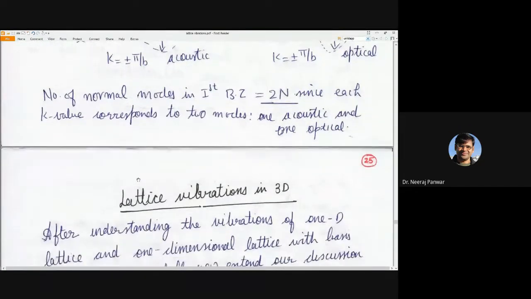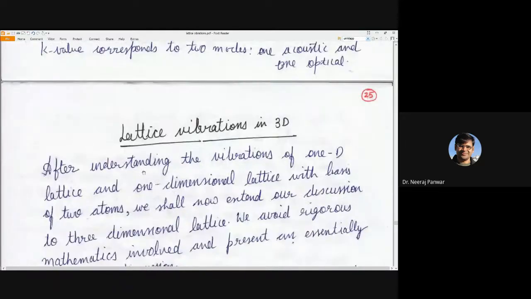Now we can extend our understanding of one-dimensional monoatomic and diatomic chain lattice vibrations to three-dimensional lattice vibrations. But we will not do the rigorous mathematics involved. We will just try to understand qualitatively, not quantitatively.